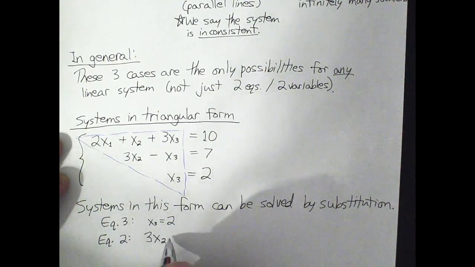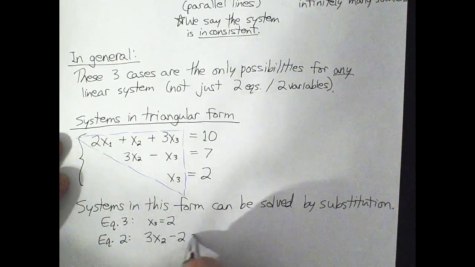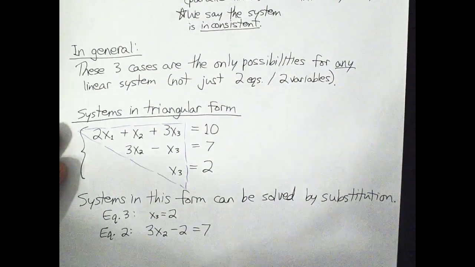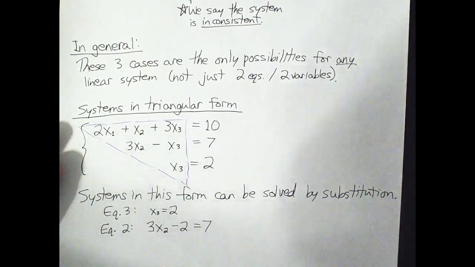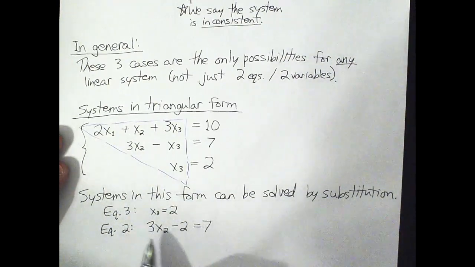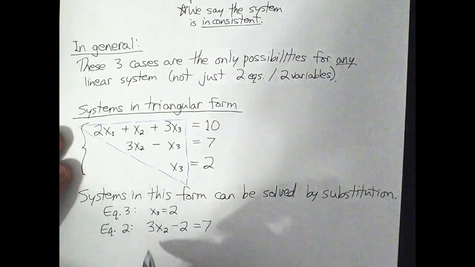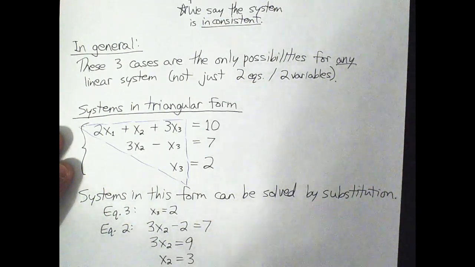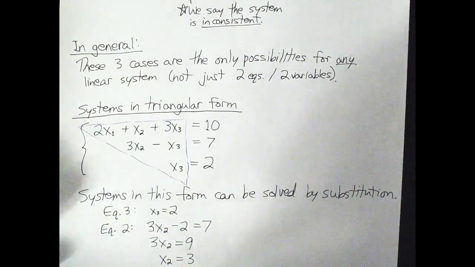I'm going to put 2 in place of x3. The reason we do that is because now we have one equation with one unknown, move some things around, and this is going to let us solve for x2. x2 turns out to be 3.